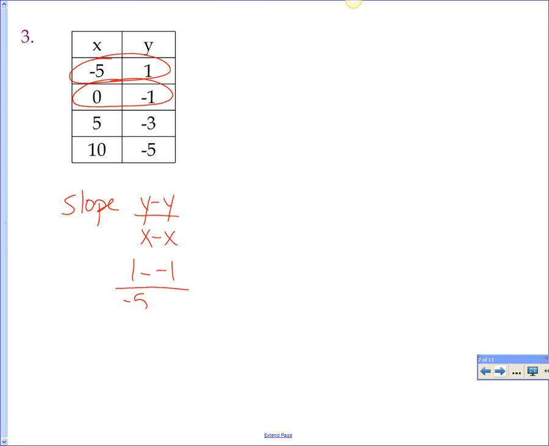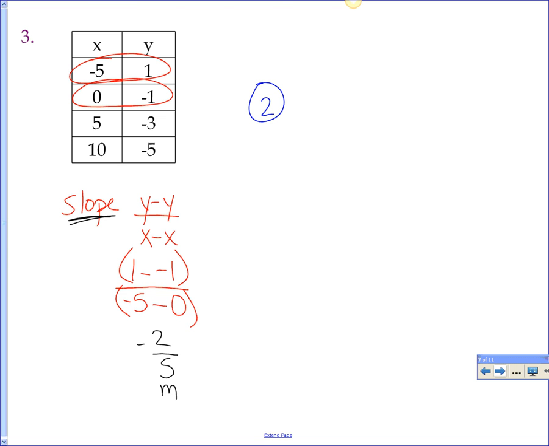And then negative 5 minus 0. And in the calculator, you have to put parentheses. All right, that ends up giving you negative 2 over 5. So that's when you would have to do math, enter, enter to get a fraction. All right, this is my slope. What letter gives you slope? M. We use M to represent slope.